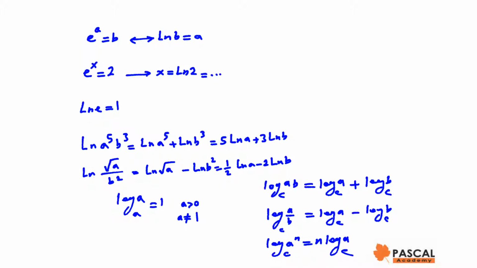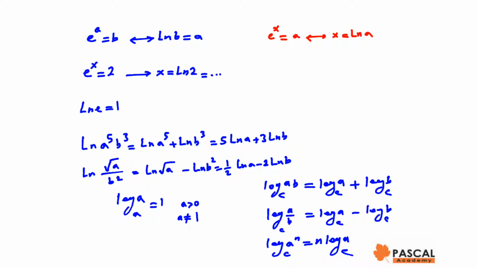Let's work a little bit with natural log. Example 1. If e to the power of a is b, then ln of b is a and the other way around. This is similar to saying log of b base e is a using the main definition. Generally speaking, if e to the power of x is a, then x is ln of a and the other way around.